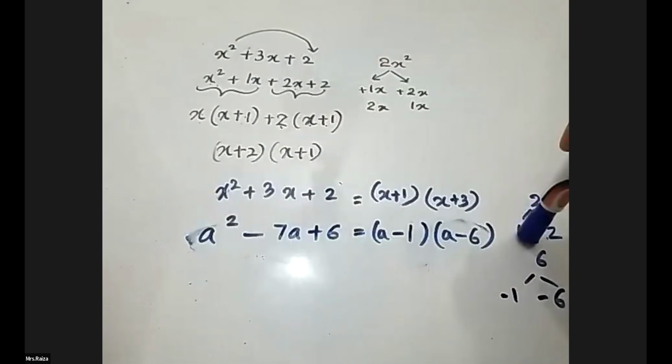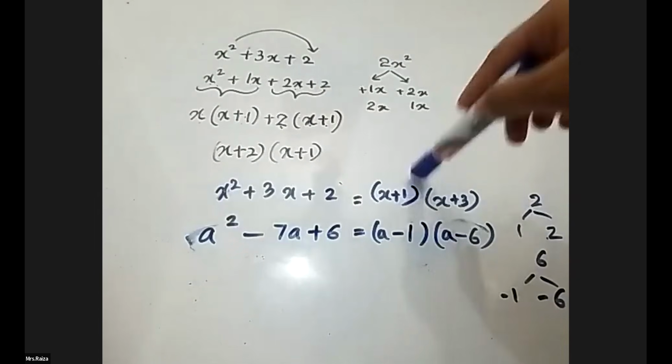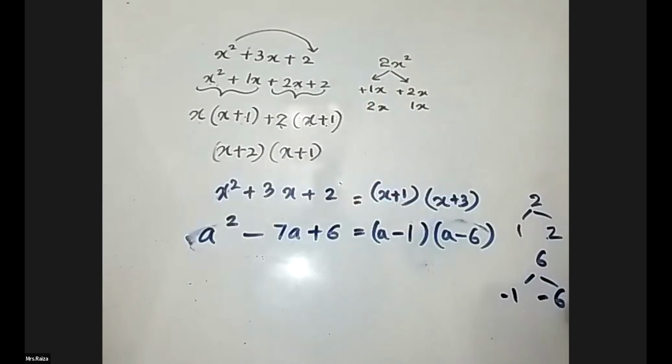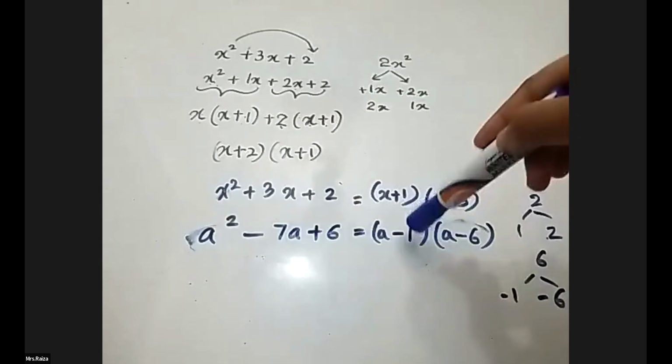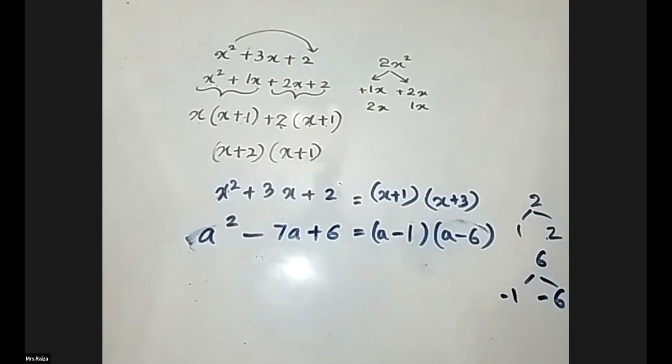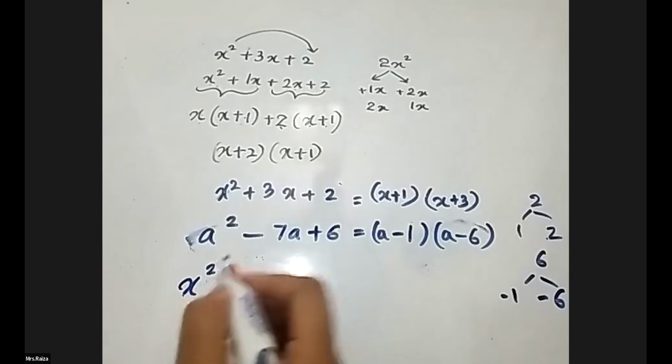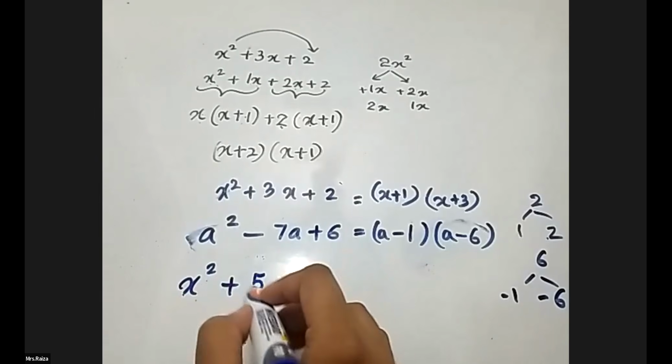So both positive terms should be written as plus 1 and plus 2. But here it is a negative one, so you take both negative values. Minus 1 and minus 6 together make minus 7. So both terms should be negative. Can you understand now? Is it clear?